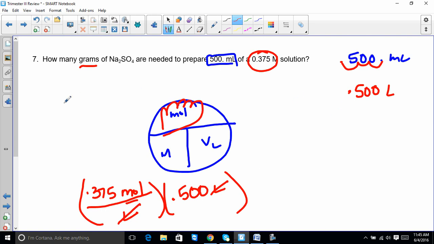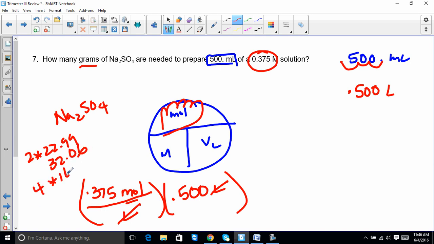And then I don't know what Na2SO4 weighs, but it's pretty easy to figure out because I got 2 times 22.99, and then sulfur is 32.06, and then oxygen is 4 times 16. When I add these together and use the periodic table, apparently you get 142.04 grams per mole.